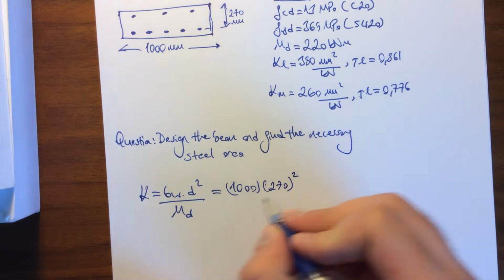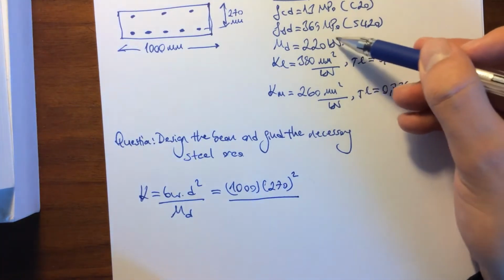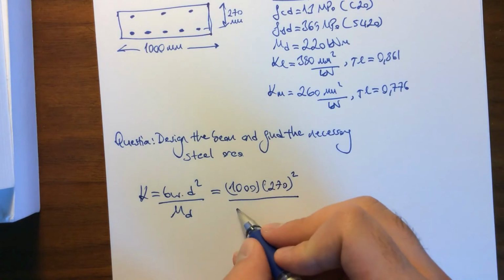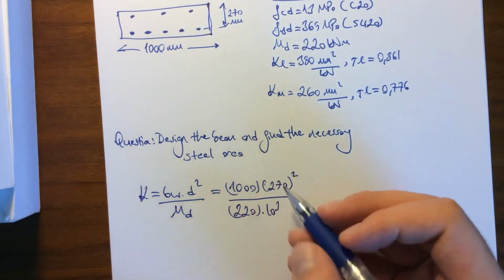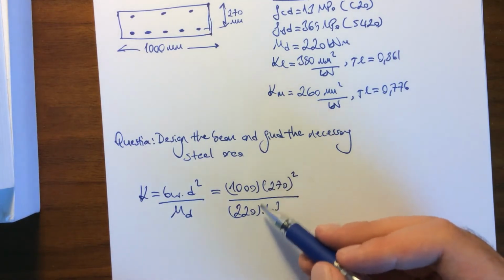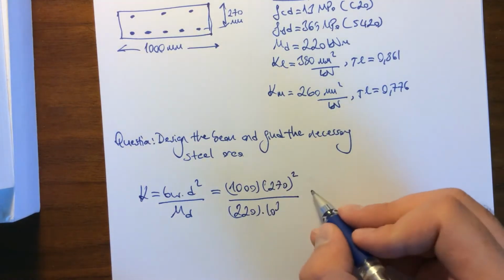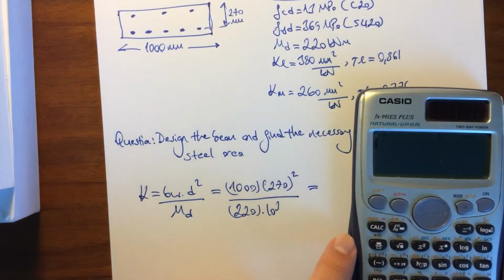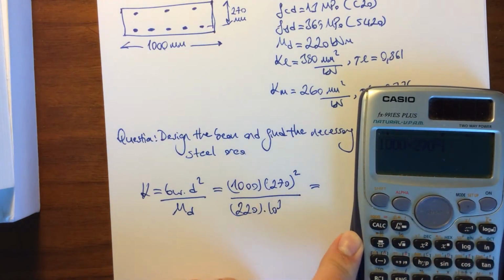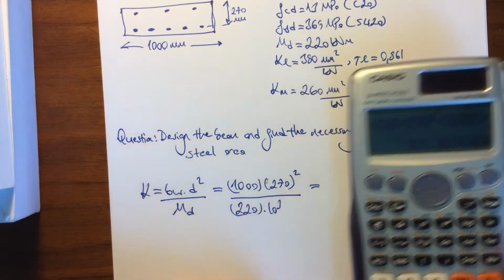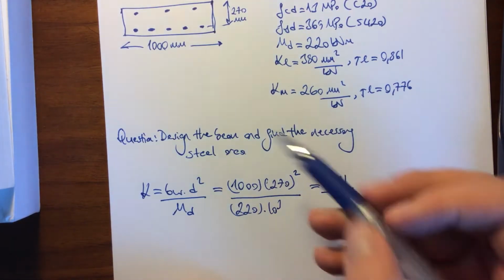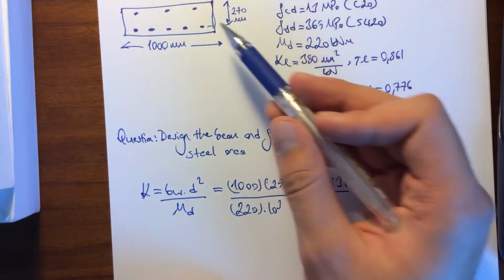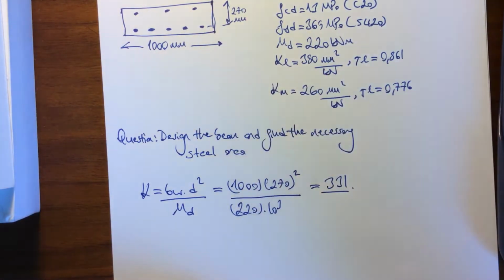So 270 squared, and the design moment is 220 kilonewton meter. I'm multiplying it with 10 to the 6 to have the same units in the top and in the bottom. So when we did the calculation, we get a number of 331. So this is the K value for the given design moment and cross-section dimensions.